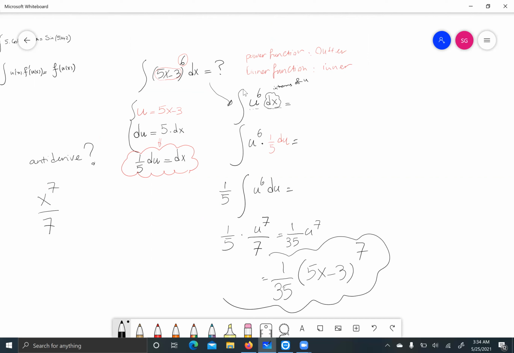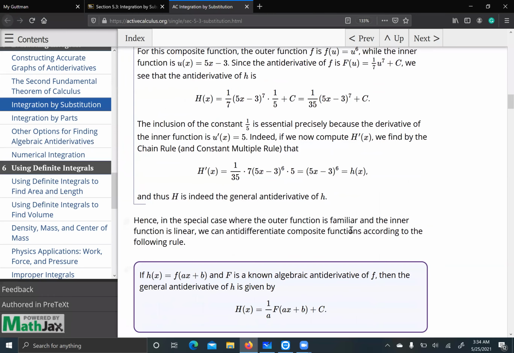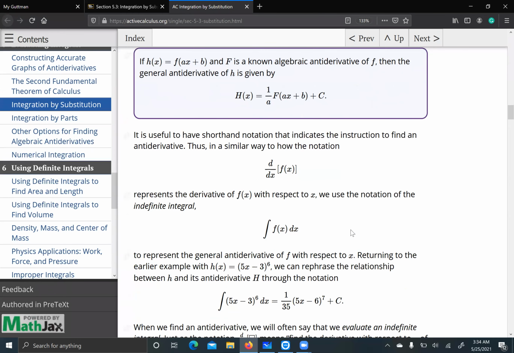Then try to rewrite the whole integral in terms of this new variable u. Then it becomes something easy, something basic to take the integral of. Take that integral and then substitute the original u in terms of x. So that's the u substitution.